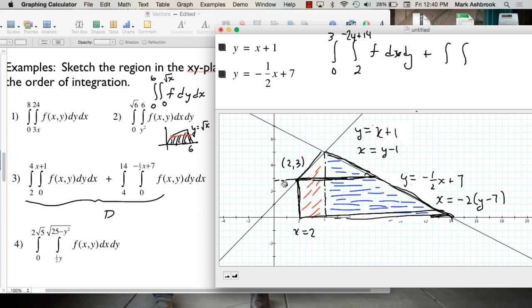And then, now up here, as y goes from 3 to, is that 5? You have to solve these equations simultaneously to get the y value. So as y goes from 3 to 5, x is going from y minus 1 to the same thing again on the right side, the same boundary: negative 2y plus 14.